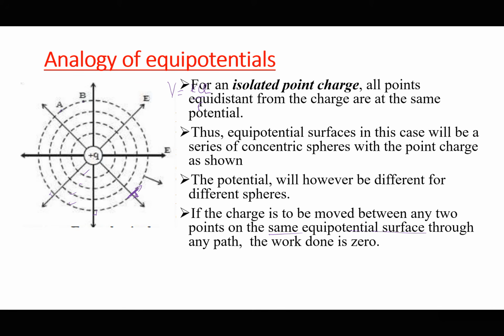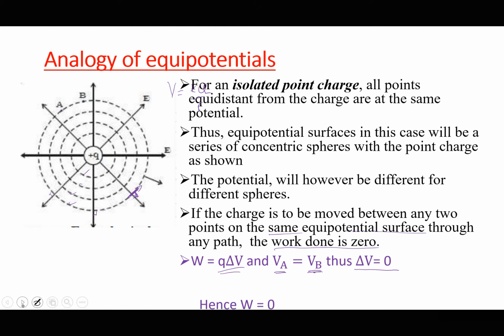When I move a charge from A to point B, even if I take another path from A to B, the work done will still be zero because there will be no change in potential, because any points along the same surface are at the same potential. The work done is given by charge times change in potential. And if the potential at A is the same as the potential at B, then the change in potential is zero, and we simply conclude that the work done is going to be zero.